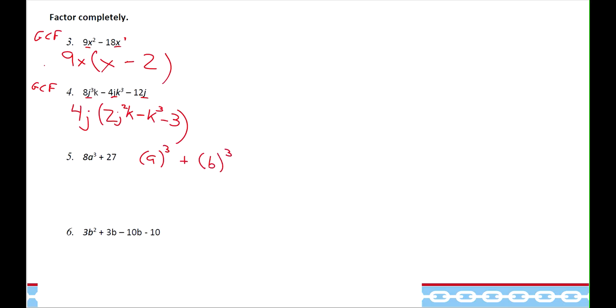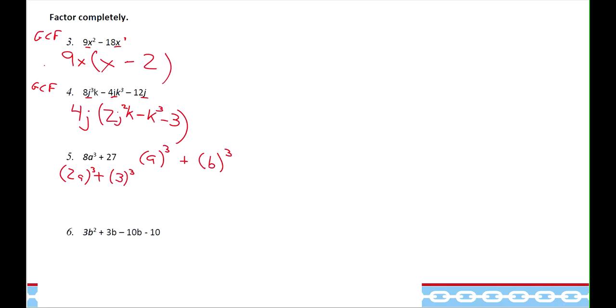So looking at number 5, these are both perfect cubes. 8 is a perfect cube. 2 to the third is 8, and a to the third gives us this a to the third here. And then 27 is also a perfect cube. It is 3 to the third power, makes the 27.